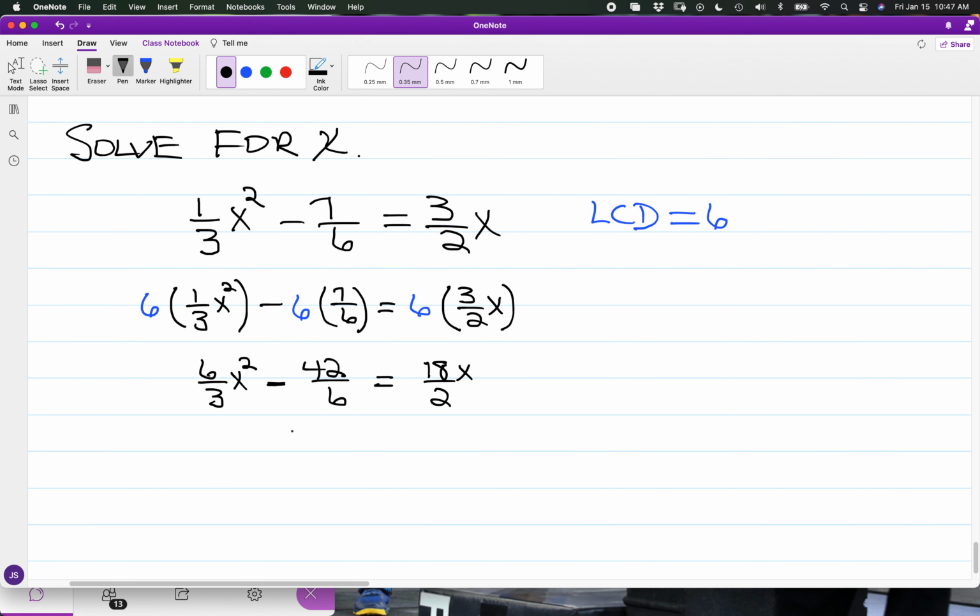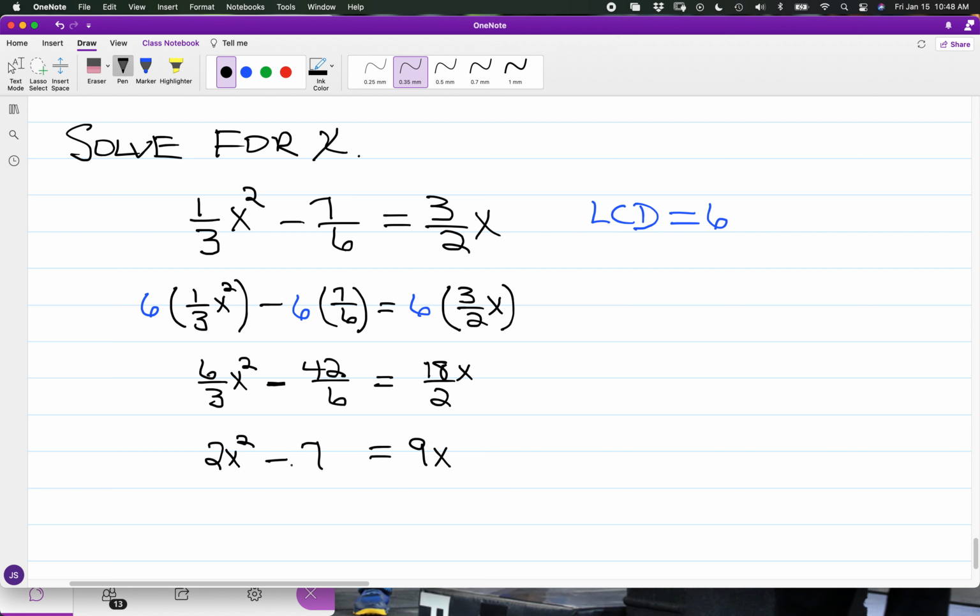Again, 3 will go into 6 2 times, and then we have 2x squared. Over here, 6 going into negative 6 is negative 1 time, and we have over 7, or again negative 42 over 6, which is still negative 7. And we have 18/2 of x, so this will be 9x.